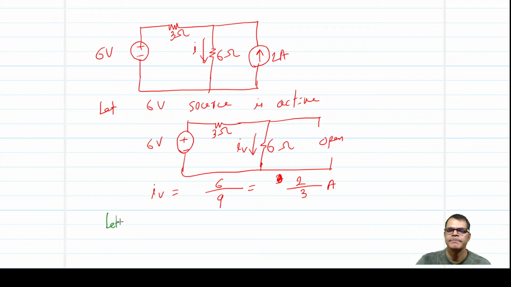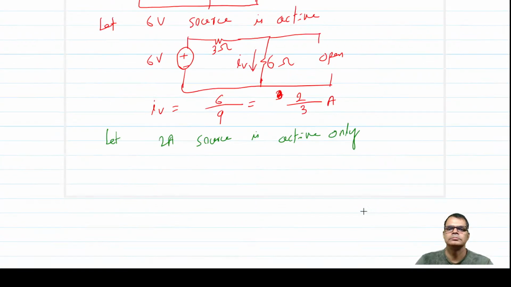Now let the 2 ampere source be active only. So the circuit becomes, the voltage source will be short.